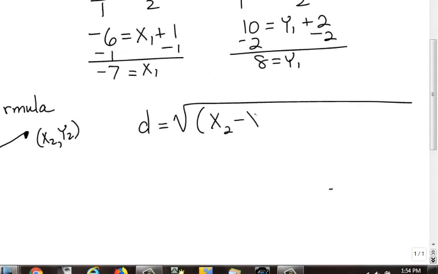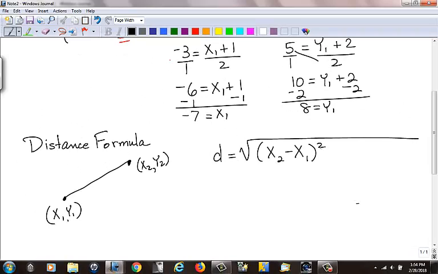X sub 2 minus x sub 1, and then a plus sign in between, y sub 2 minus y sub 1, quantity squared. So it's the difference in the x values, x sub 2 minus x sub 1 quantity squared plus y sub 2 minus y sub 1 quantity squared.